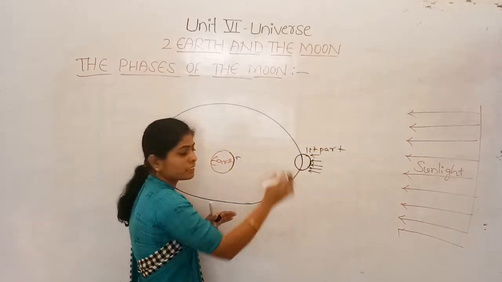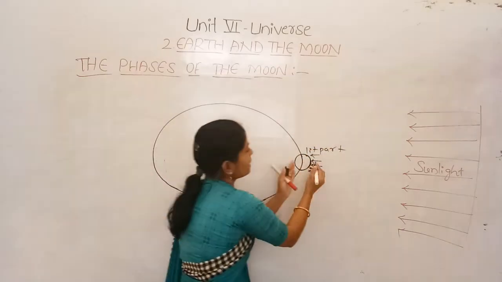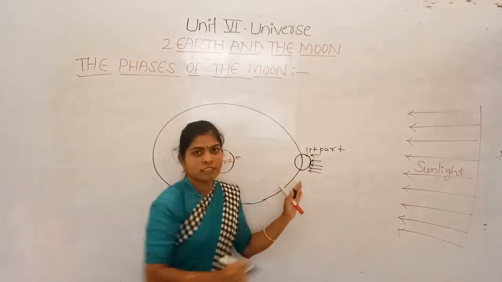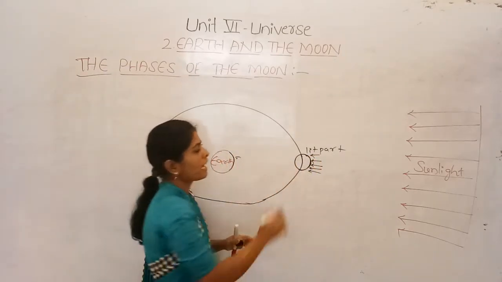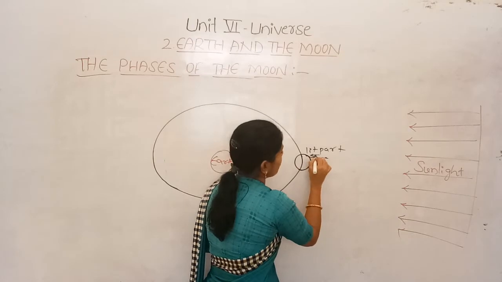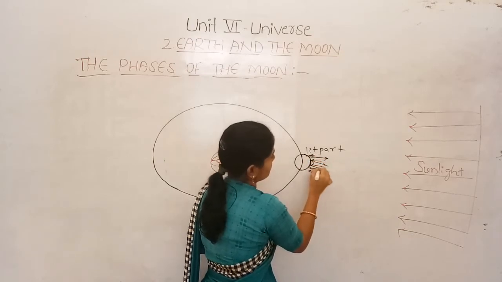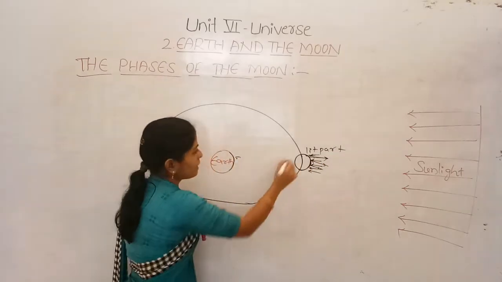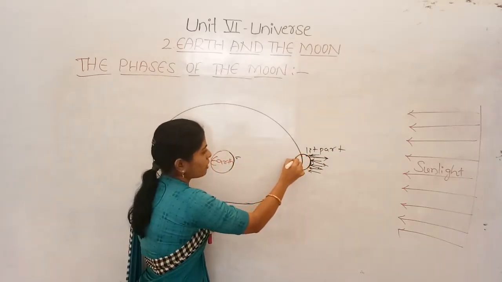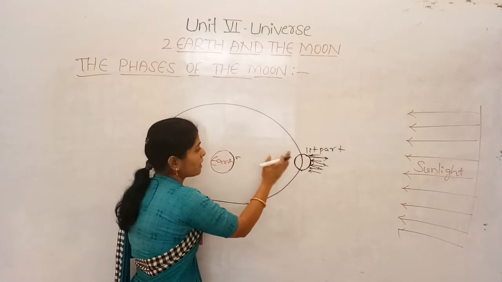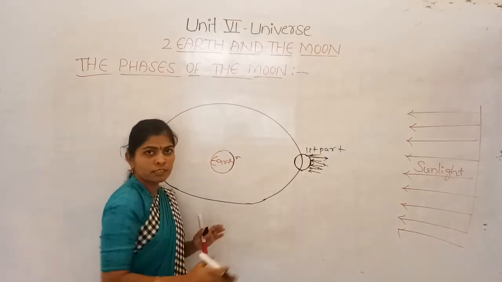When the light rays fall on this non-luminous object, it reflects the light. When the sun rays fall here, they reflect in this direction again, so this part will not get any light, and we are able to see only this portion.